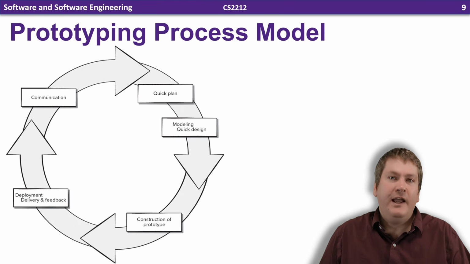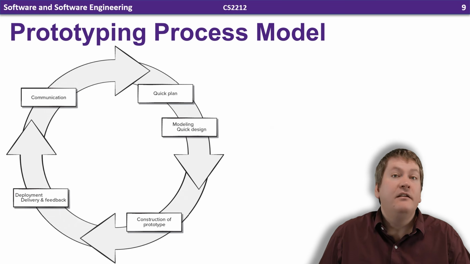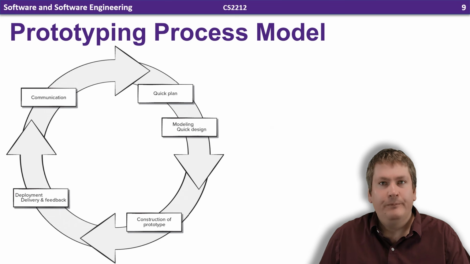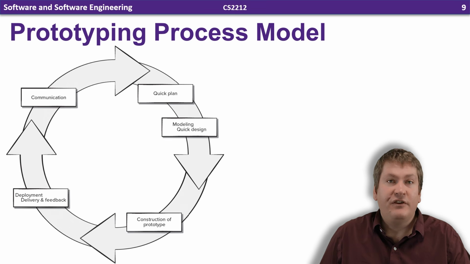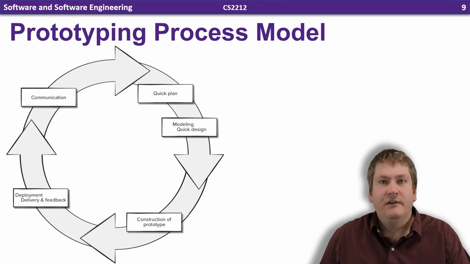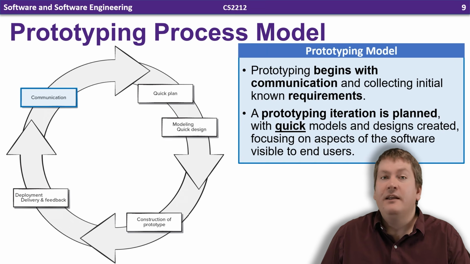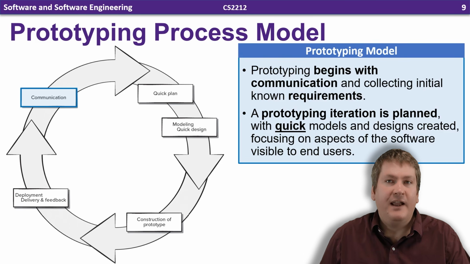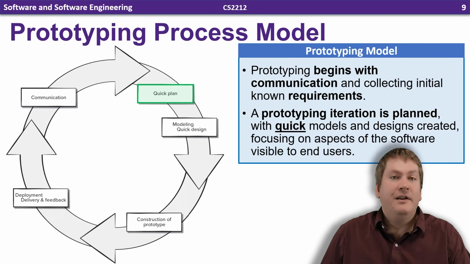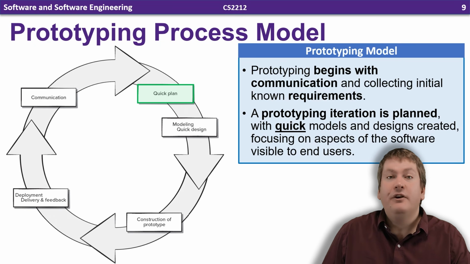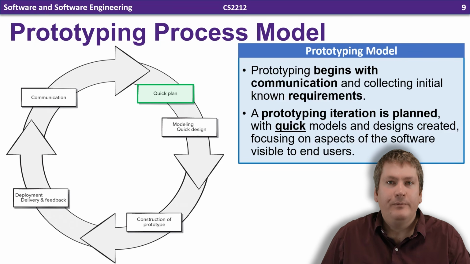So the next model we're going to look at, which hopefully offers an improvement, is the prototyping process model, which offers a number of advantages over the waterfall and V models. The prototyping model begins with communication and requirements gathering. Once requirements are gathered, a plan is created for the development of a prototype that's going to include just the key features.